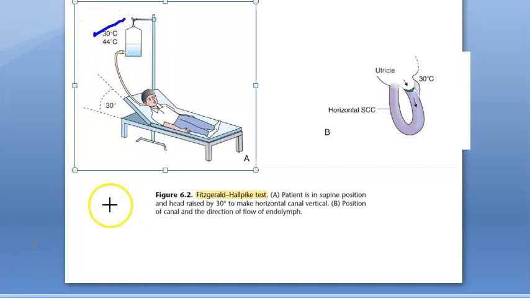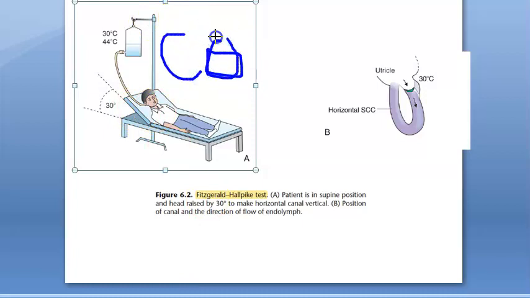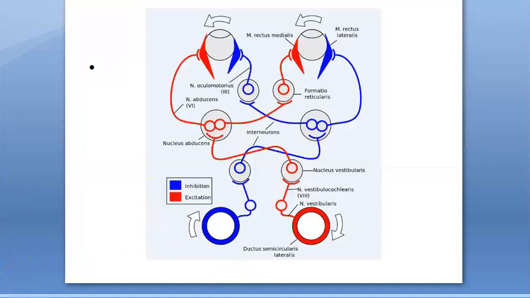When cold water is given in the right ear, the fast component of the nystagmus will be to the opposite side. Just look at this. What they are showing is cold water given on this ear, and the eyes are turning to the side, but don't focus on that.